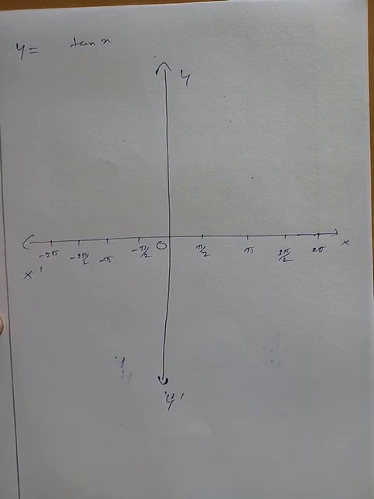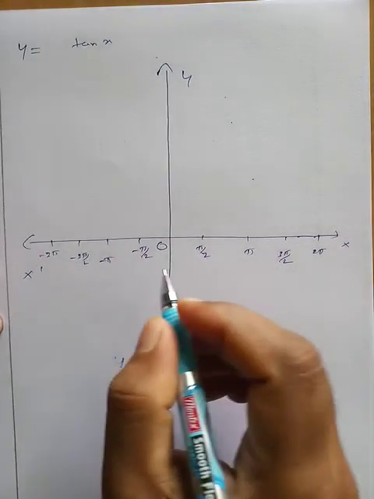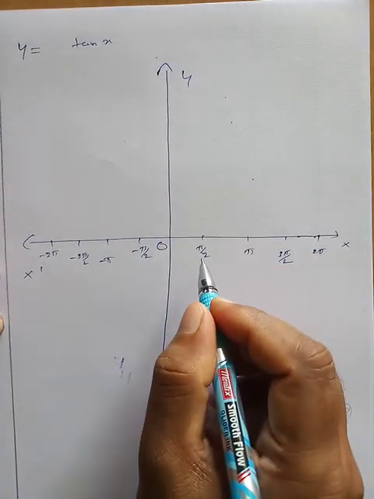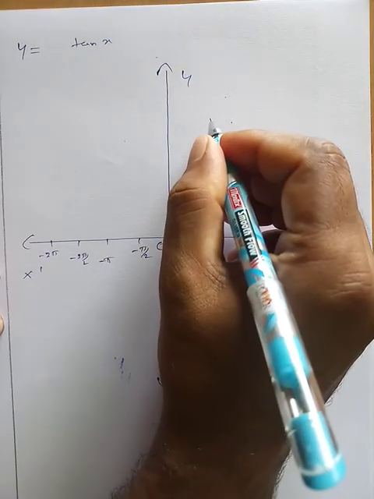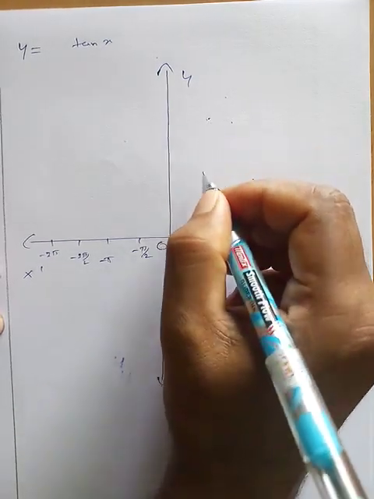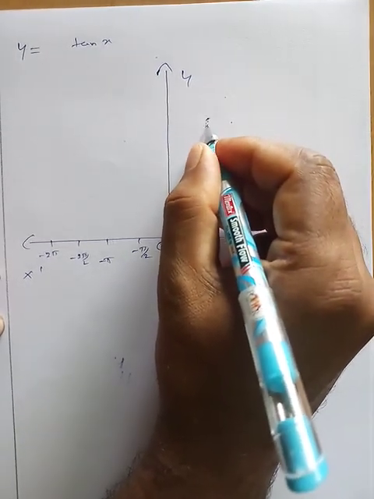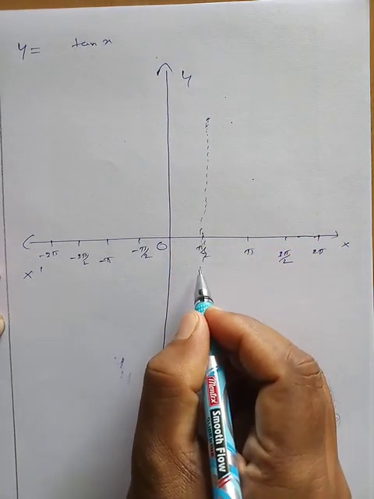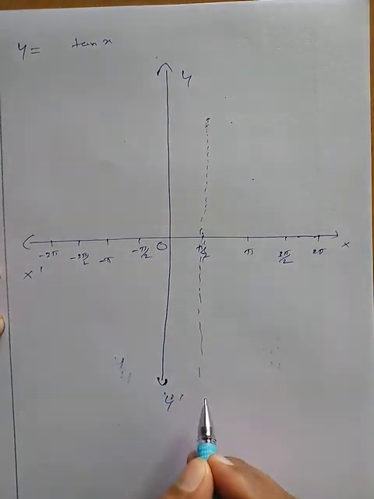Now the graph y is equal to tan x. When the value reaches pi by 2 or 3 pi by 2, it becomes undefined. So at those points the function has an extreme value.